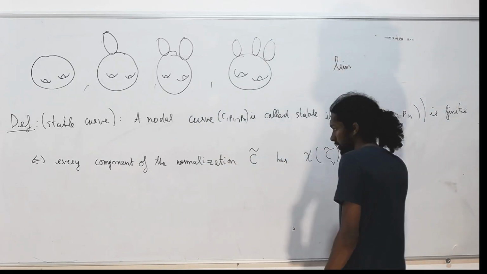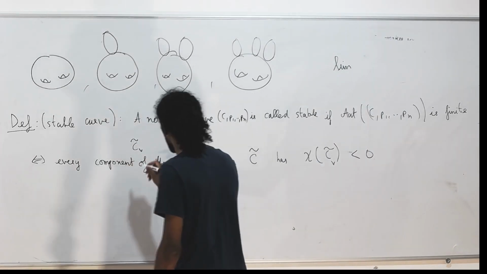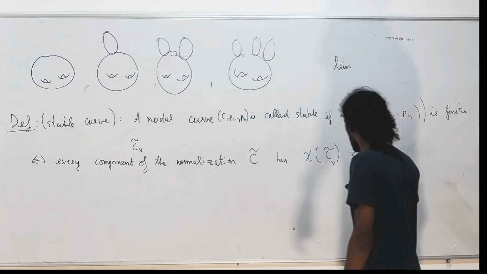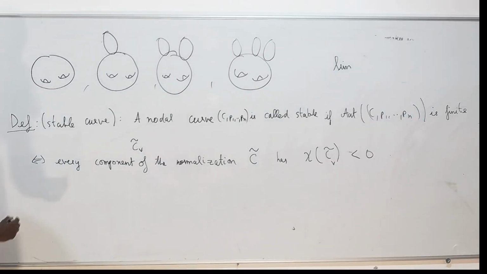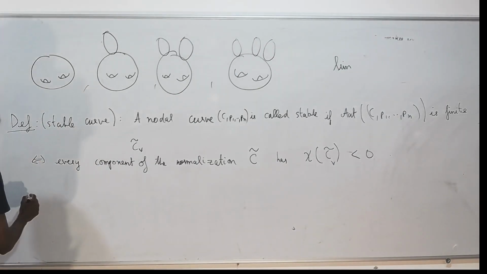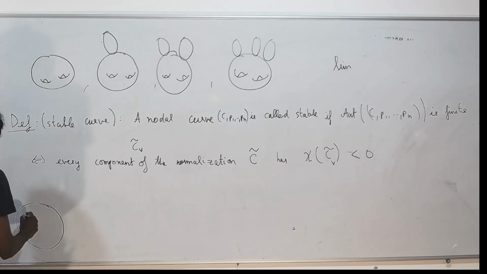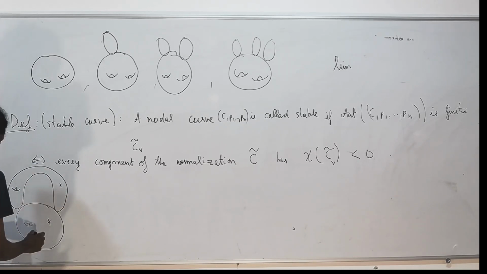So every component, indexed by V, has negative Euler characteristic. What does that mean? What does a stable curve look like? It looks like the following, with some genera and a bunch more points.